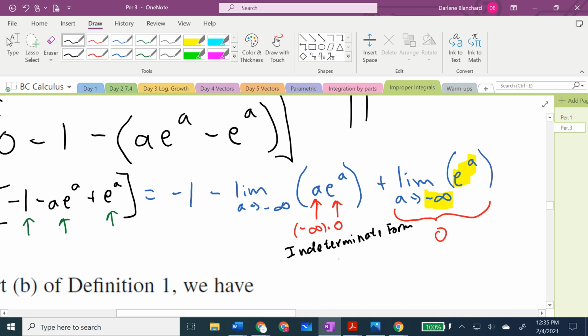Indeterminate form is best known as 0 over 0 or infinity divided by infinity. But you need to be aware that if an infinity and a 0 are multiplying, that is actually indeterminate too.